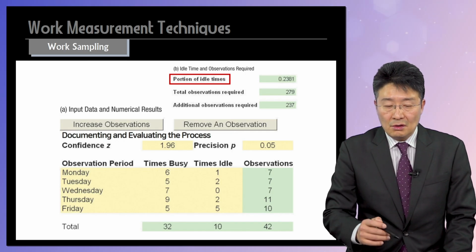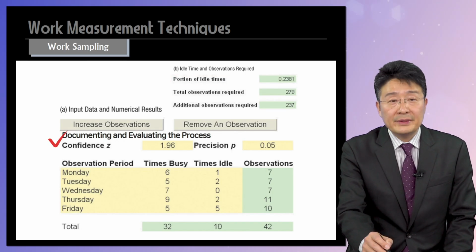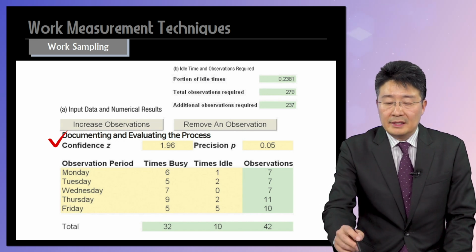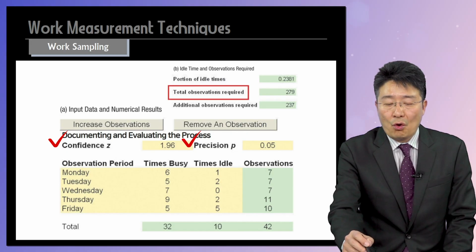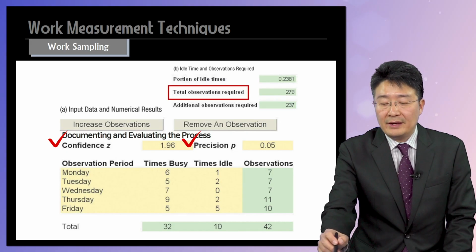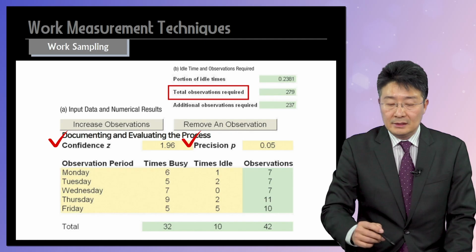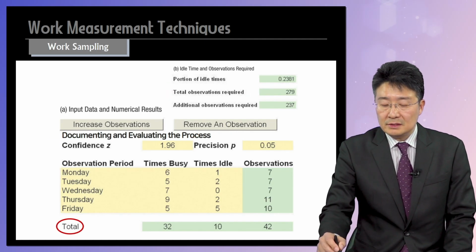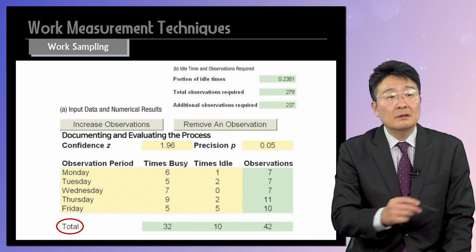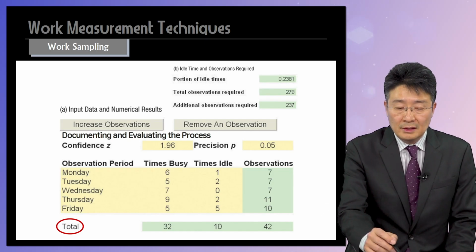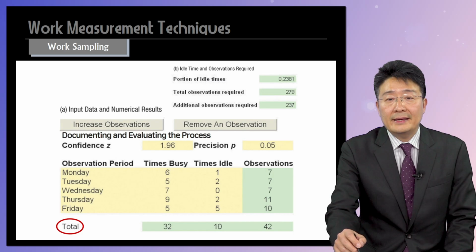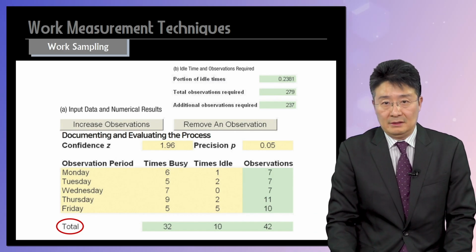Okay? So, given the confidence level and the precision, we can derive the total observations required in here. Okay? So, in here, we just consider the 42 observations. That's not good enough to ensure this confidence level and this precision level.